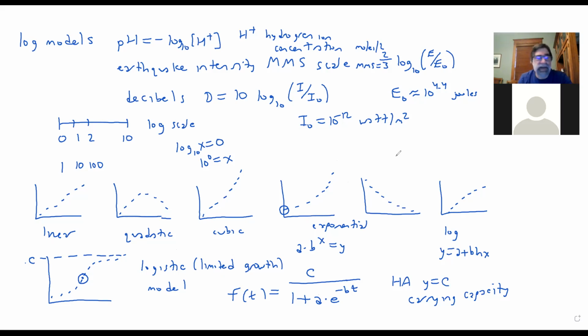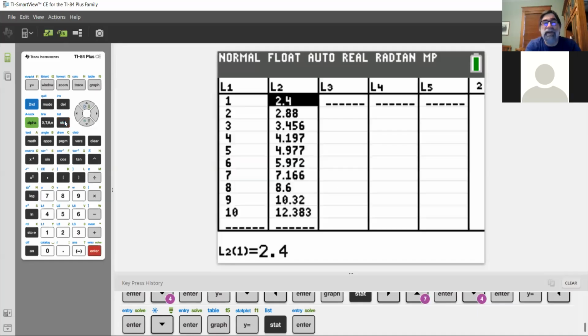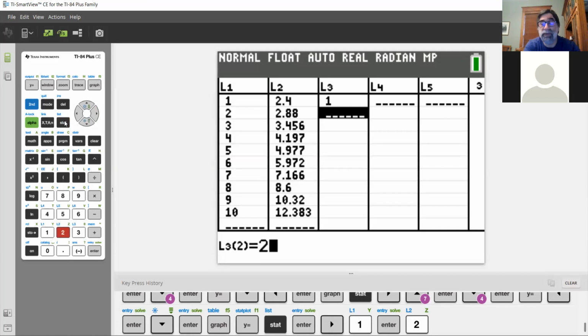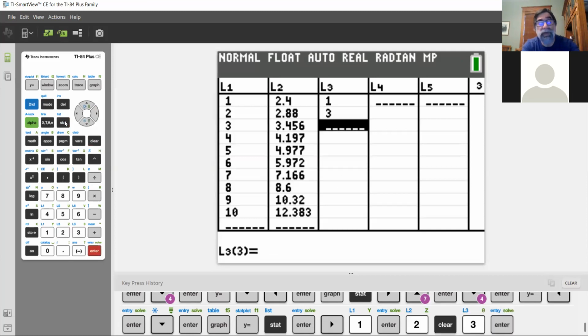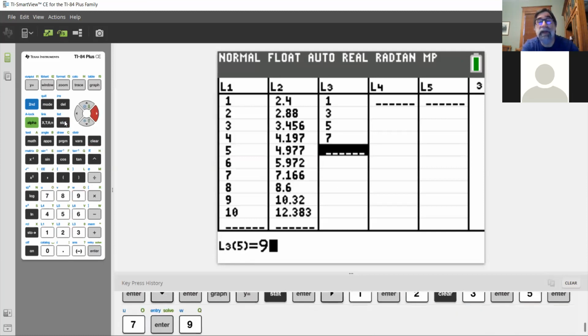If you have a set of data, let's see if we have time to do this. I'm going to type these in real quickly and then give you a chance to take a screenshot if you want. I'm going to go to L3 and L4. For L3, I'm going to type in 1, 3, 5, 7, and 9.